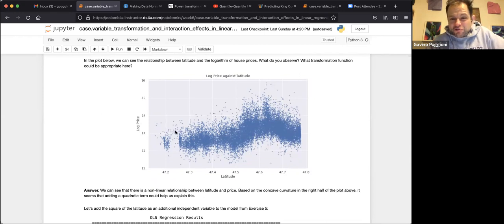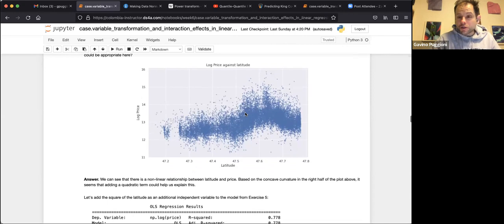So since I cannot really have a function that is simple, I will just try to capture as much as possible of the hump. So one thing to do could be to use a square term, right?